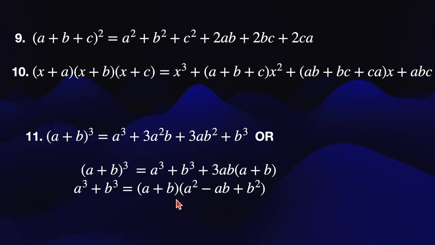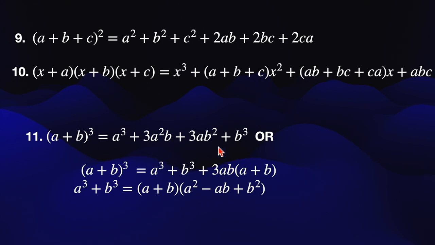Or a³ + b³ is equal to, if you take this on the other side and take out a + b common, you will be left with this in the bracket. So this is also a formula which can be written if you know this one. Make sure you are memorizing this properly, and you can write it, or if you want, you can even memorize these two also. You can use it in your examples.